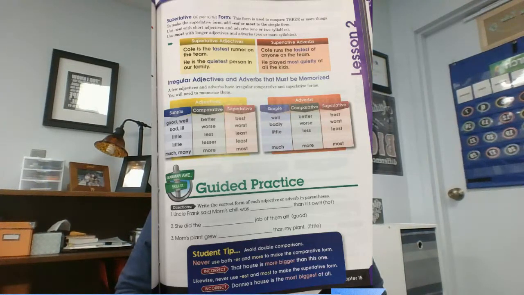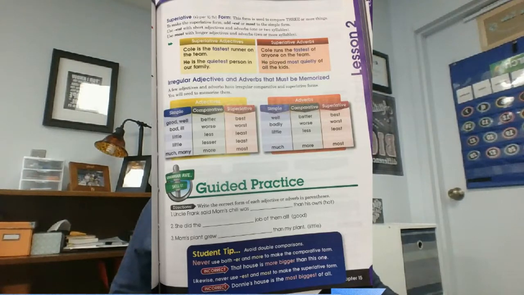Okay, so we would say little, less, and least, much, many, more, and most. And you can do the same thing with the adverbs. Maybe chant through those, make sure you understand when to use better, best, worse, worst, less, least, or more, and most. And this is probably review for you. You did it last year too.